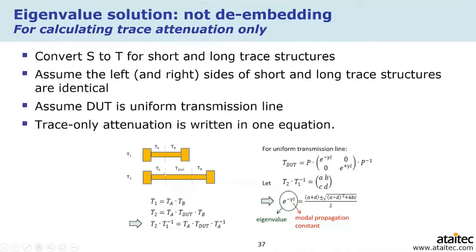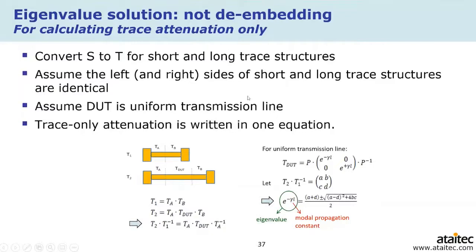And then you assume after removing the launch structures, the DUT itself is a uniform transmission line, and that trace-only attenuation can then be written in one equation here. So the process is actually quite simple.